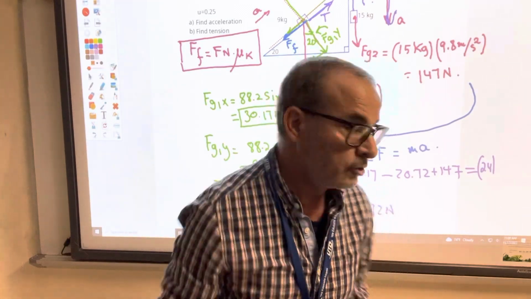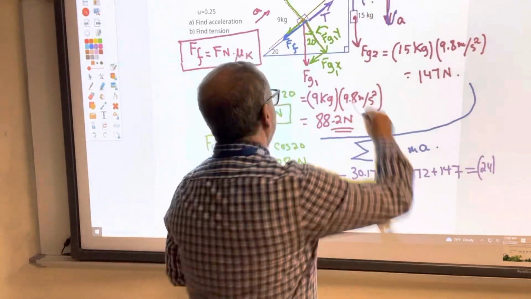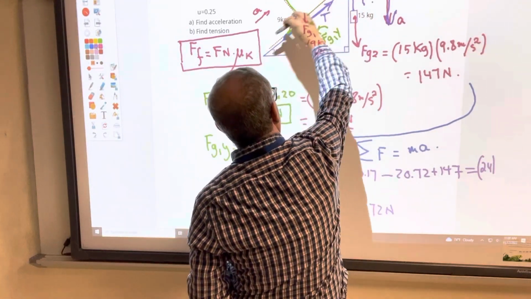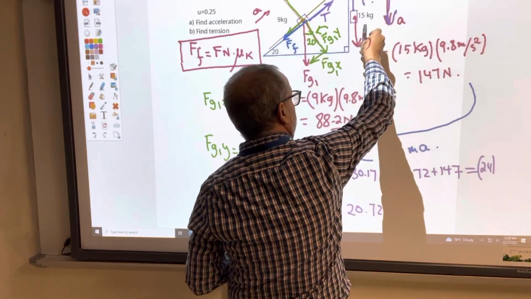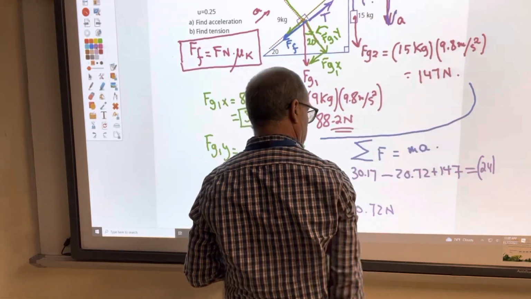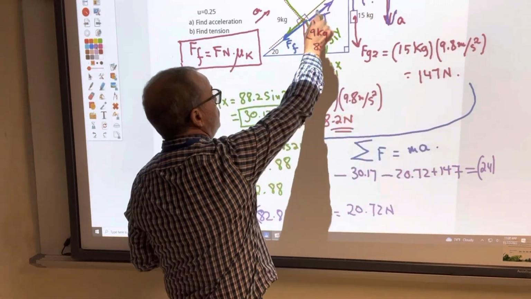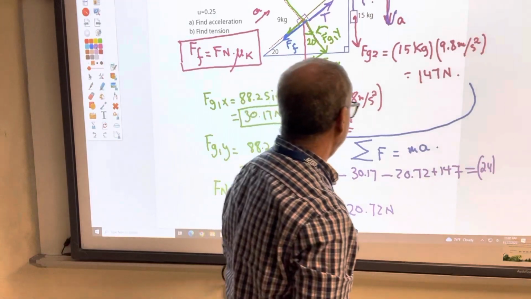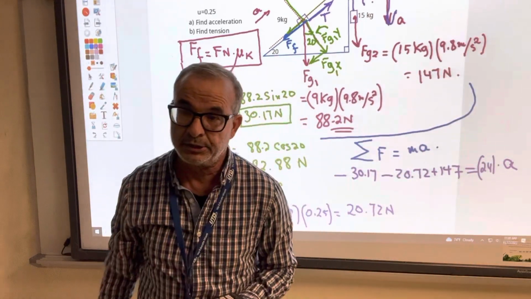All right? So we're going all the way, and we're going to include all the forces. These two are going the opposite of the motion, and that one is going in the same motion, so that means it has to be positive. But then when you do the mass, the m is two masses. So it's 24 times a, and that's what we're looking for, the acceleration.